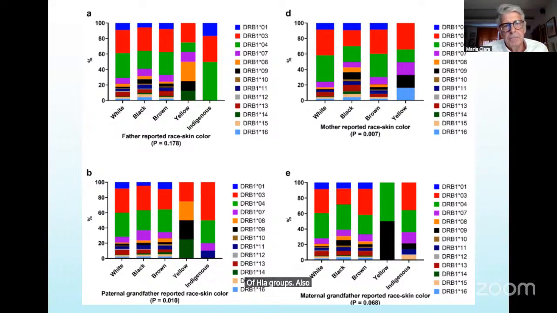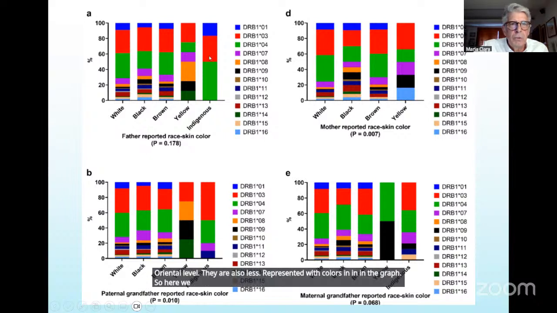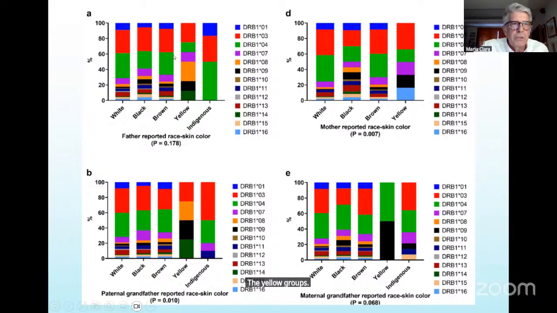Also, people of Oriental background are less represented with colors in the graph. So here we see the indigenous groups and also the yellow groups with fewer colors and much more representation of some allelic groups from DRB1, DQB1, and DQA1.